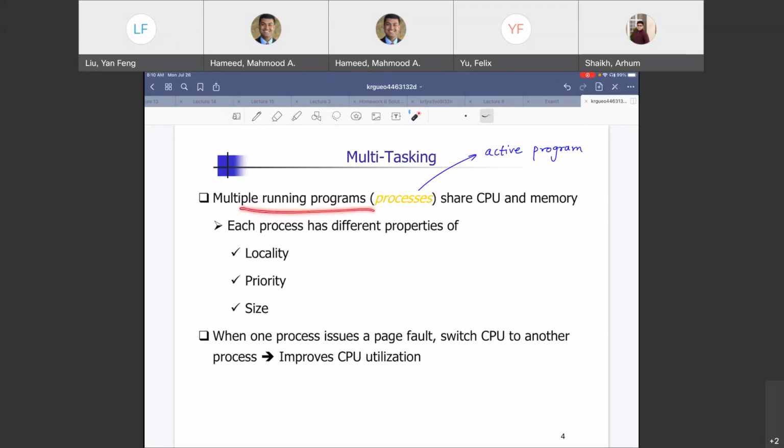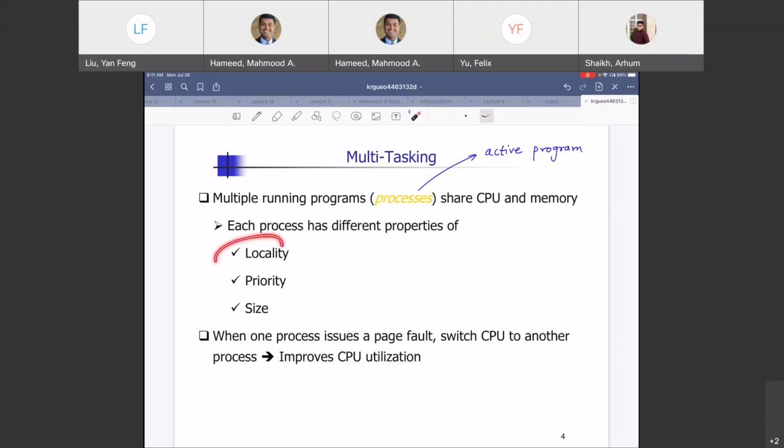Multiple programs are going to be sharing CPU and memory. So this is for an active program. Each process has different properties. Locality: how correlated are memory accesses in space and in time. That's the principle of locality, two forms, spatial locality and temporal locality.